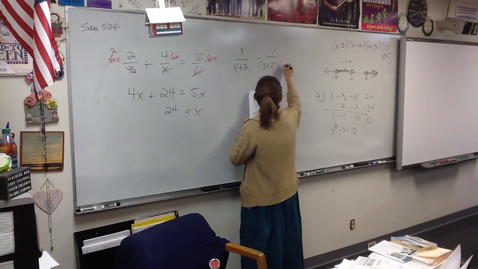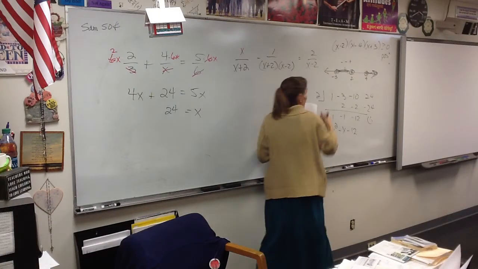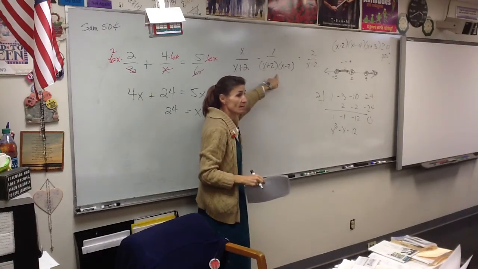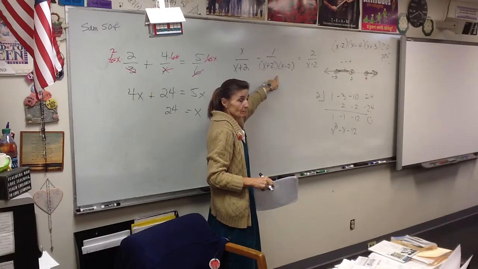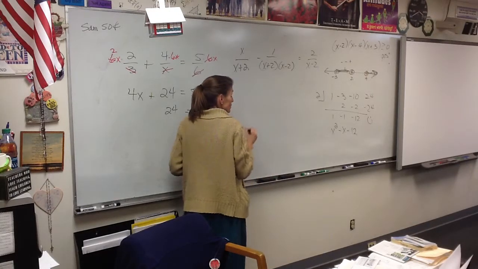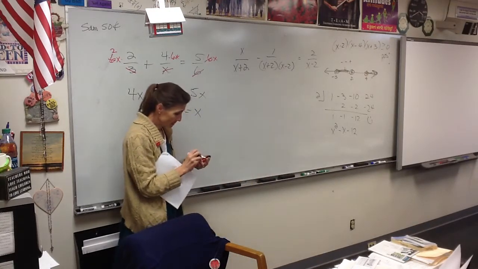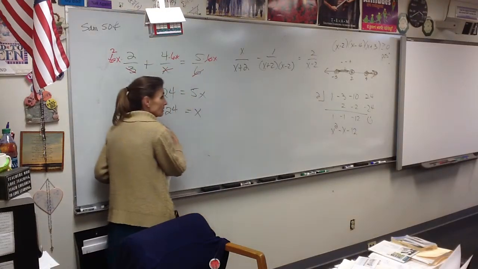Now, as I copy this down, because I want to get done with this, I factored that denominator. Did you catch that? Yeah. Everybody got it? Okay, so now I am going to do what? Same thing I did here.